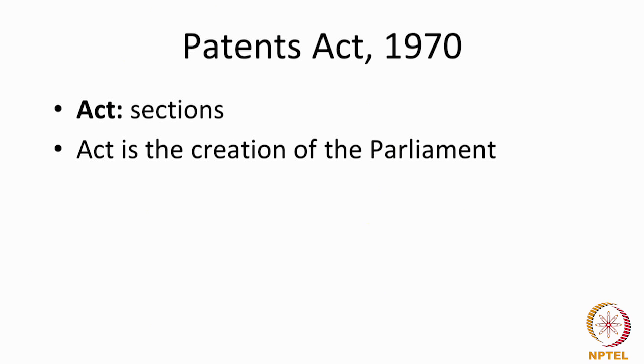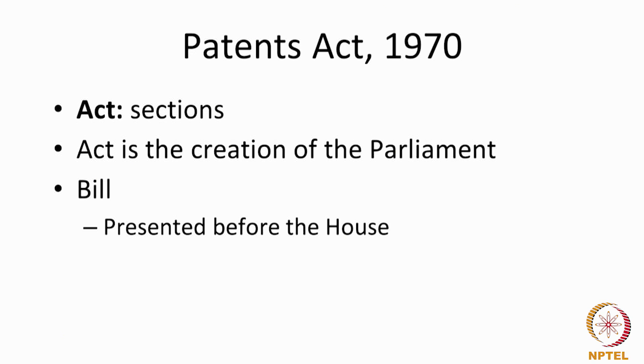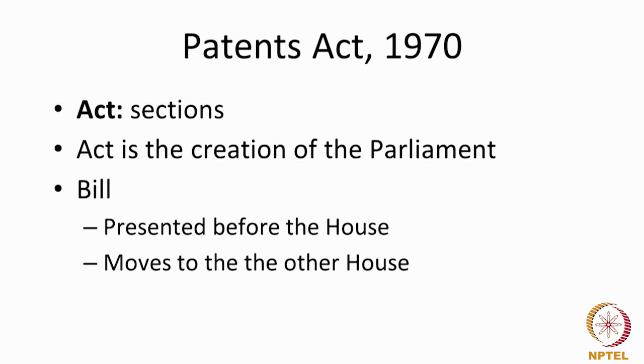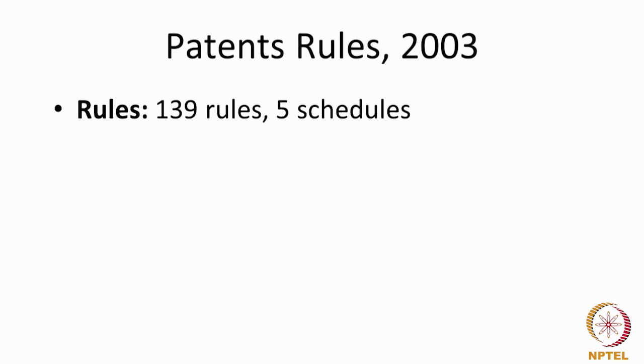As we mentioned, an Act is a creation of a parliament. It takes its life in the form of a bill. The bill is presented before a house, then it moves to the other house, and later it receives the presidential assent. Rules. The basic unit of the rules are the rules themselves. You have 139 rules in the Patent Rules 2003, and we have 5 schedules.